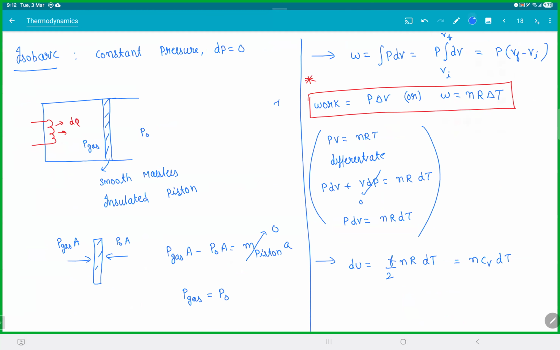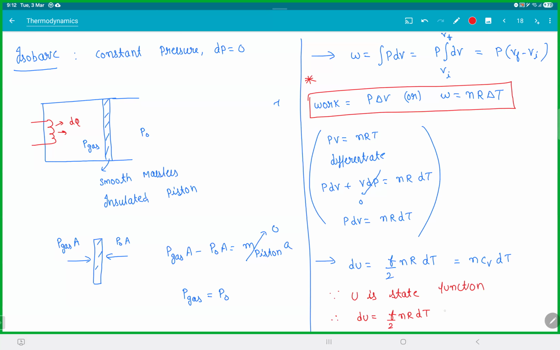Since U is a state function, for any process we can always write dU is nCv dT. So you cannot write dQ is nCv dT for every process, but you can always write dU is nCv dT for any process. If that looks confusing, just remember f by 2 nR dT.